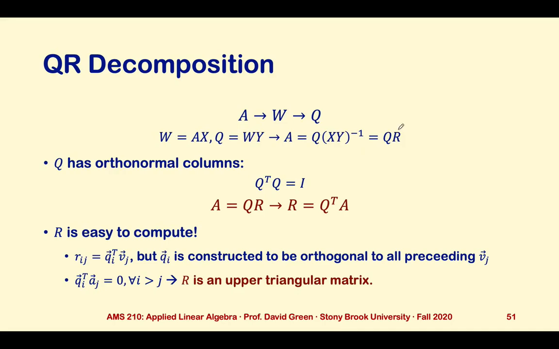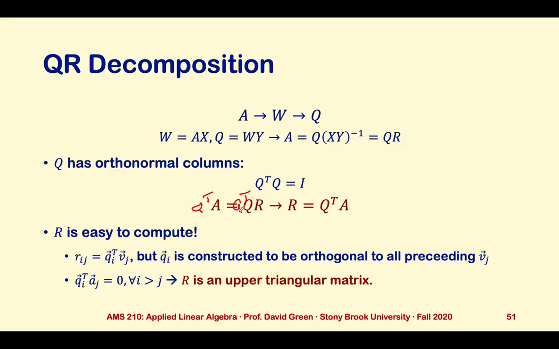Well, let's think about this. We have A equals QR. And Q is a matrix with orthonormal columns. We've already seen that if you have a matrix with orthonormal columns, then the matrix transpose times itself gives an identity. So let's take this A equals QR and just multiply both sides by Q transpose.